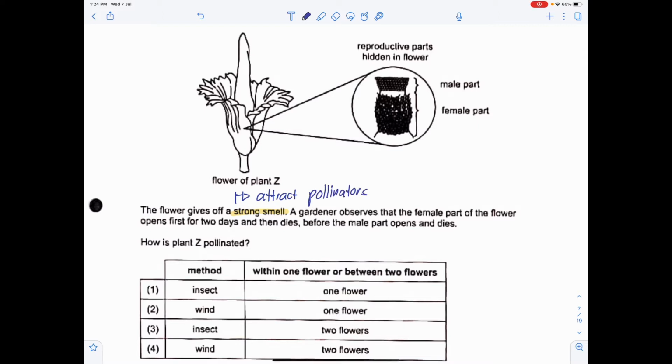Could be insects, could be animals. A gardener observes that the female part of the flower opens for 2 days and then dies before the male opens and dies. So this tells me that, if I were to annotate this, it is one after another.